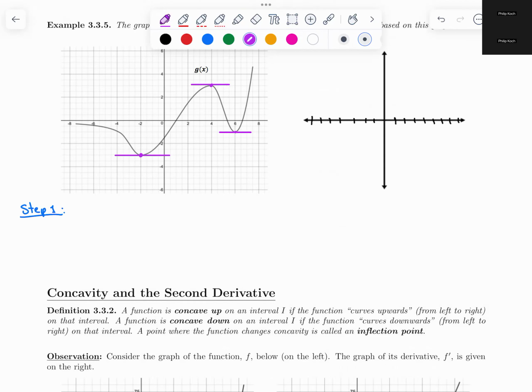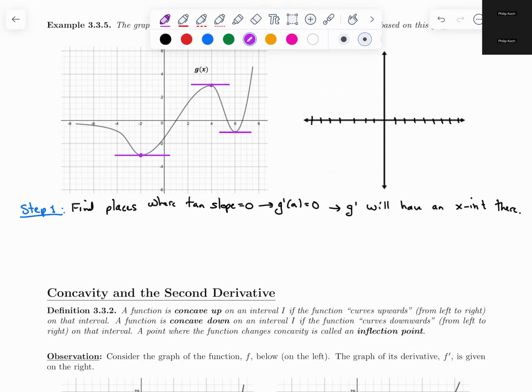So step 1 is to find places where tangent slope equals 0, because that means that g prime of a equals 0, which implies that g prime will have an x-intercept there.